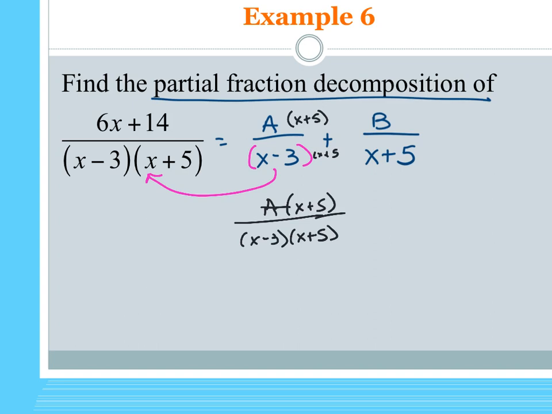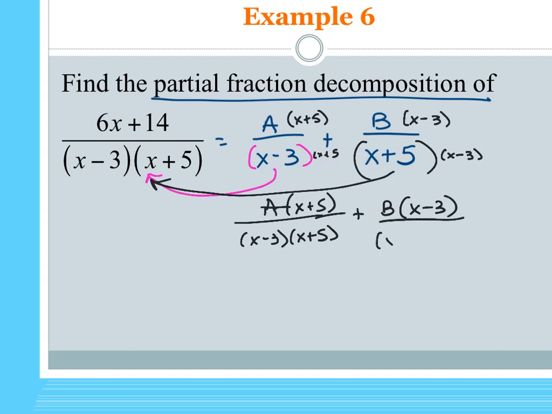Then I go to the second denominator, what's missing from here to there. x minus 3, so I would multiply times x minus 3 in both the top and the bottom. And I would get to this step.